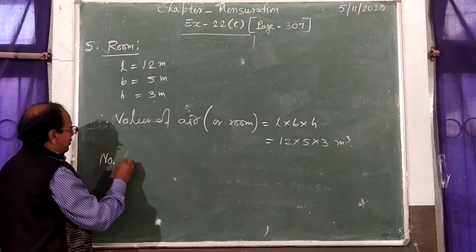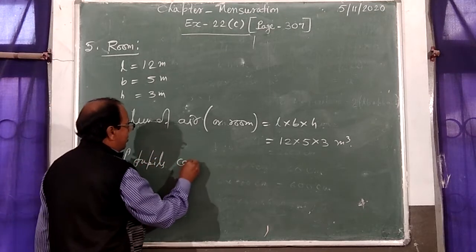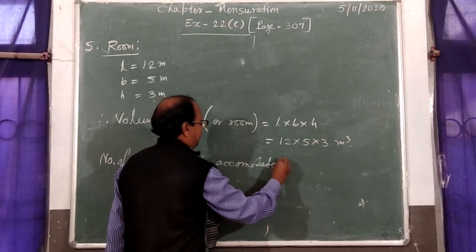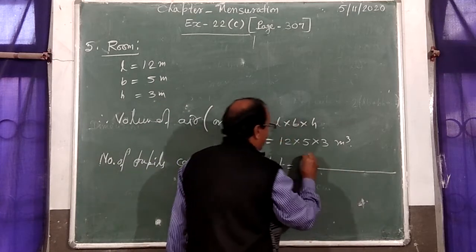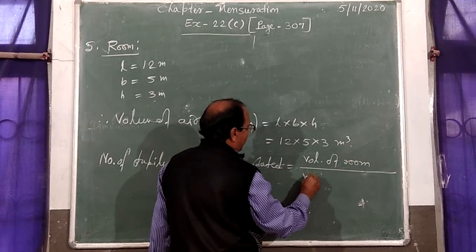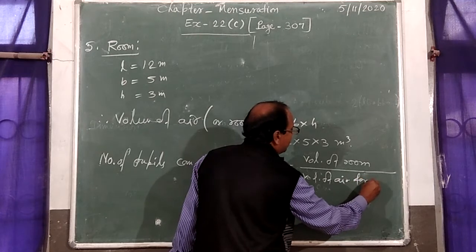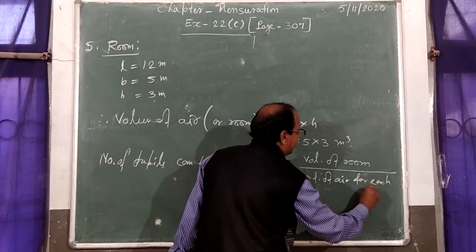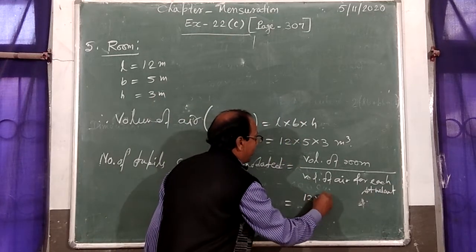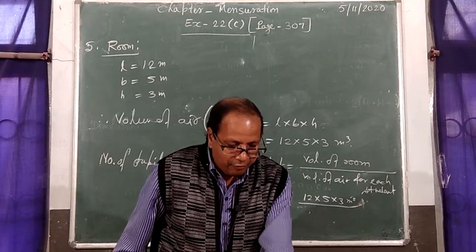Now here, directly you can go for the answer. Number of pupils that can be accommodated equals to volume of room by volume of air for each student, equals to volume of room 12 into 5 into 3 meter cube divided by, for each student here it is mentioned 5 meter cube of air space.